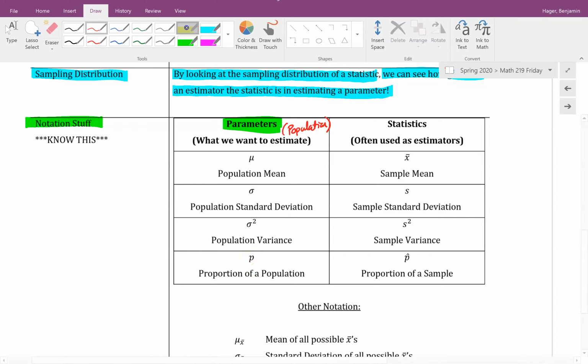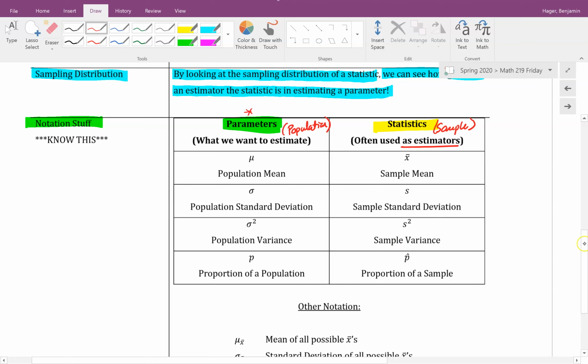Our statistics have to do with our samples, and those are our estimators. Those are the things we're going to use to estimate the parameters. And those would be sample mean, sample standard deviation, sample variance, and proportion of a sample. Again, p hat.